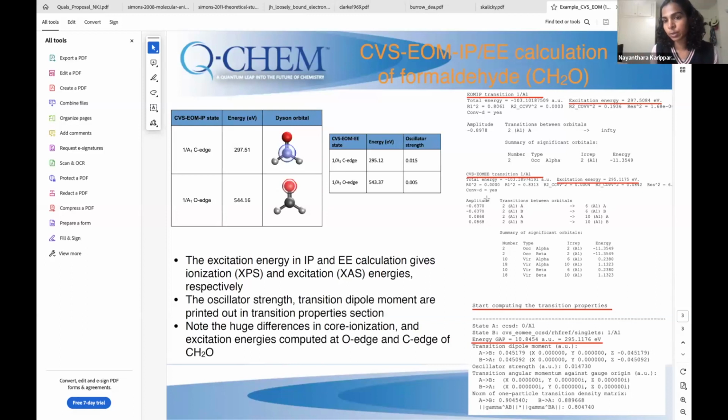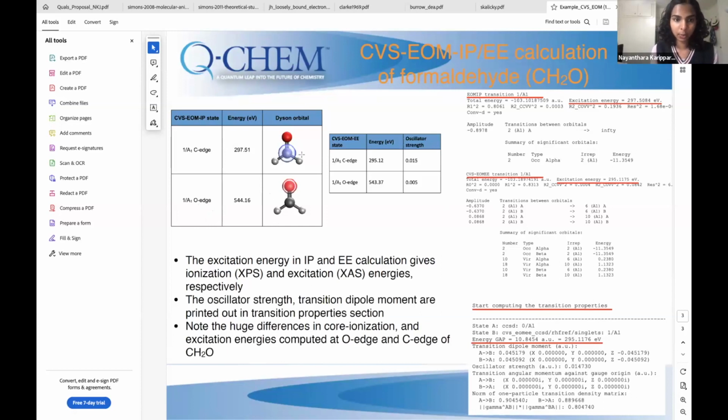So here you can see the multi-configurational character of the wave function as well. And similarly, as Goran had explained, for a CVS-EOM-EE calculation, we can calculate the transition properties. From there, you get the oscillator strength and dipole moment involved in a transition. And the same calculations can be done for the oxygen edge as well.